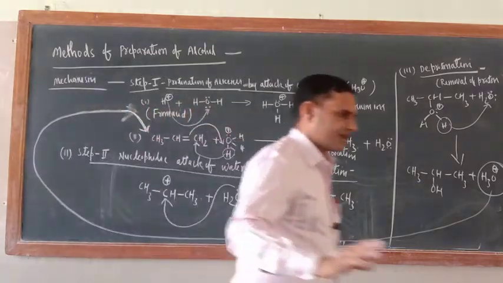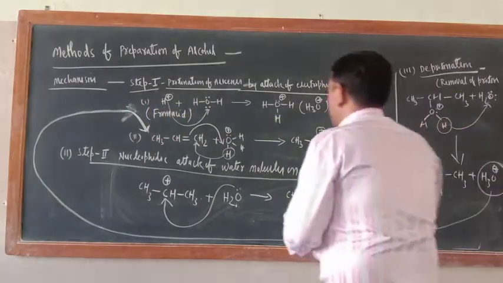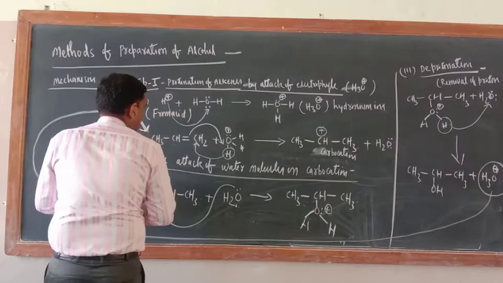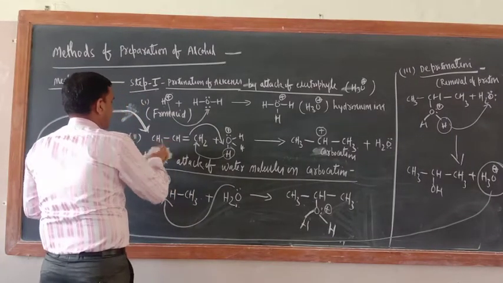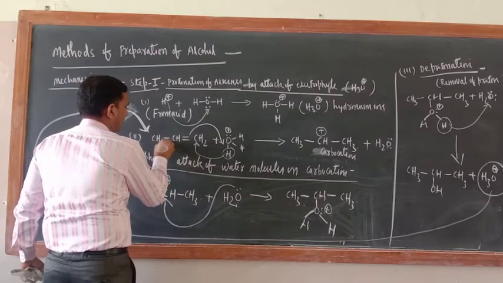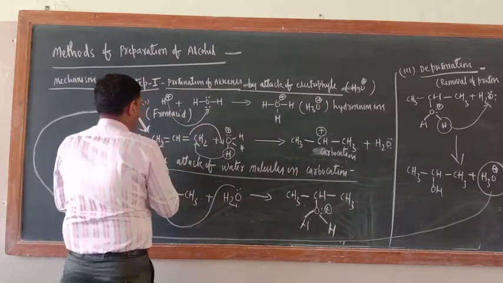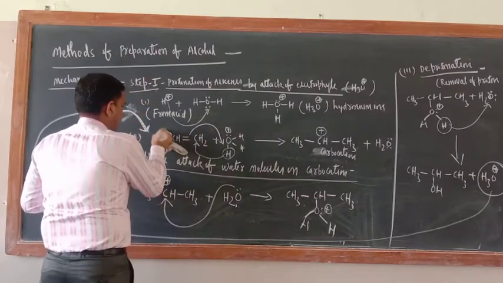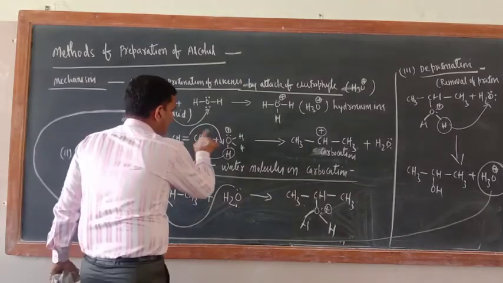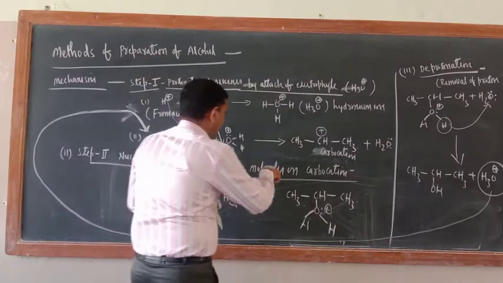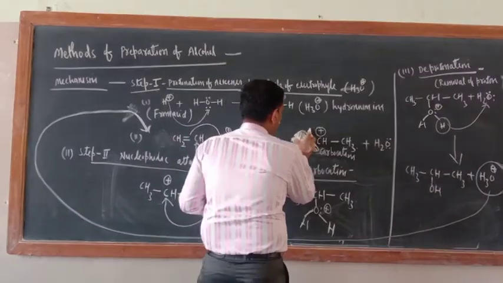Don't worry, they have not taken the entire molecules. Just take CH2 double bond CH2. Otherwise do one thing: this is CH2, and now this will attach here. A little bit of modification is needed.